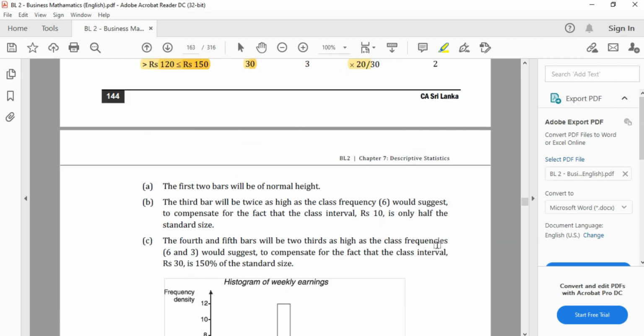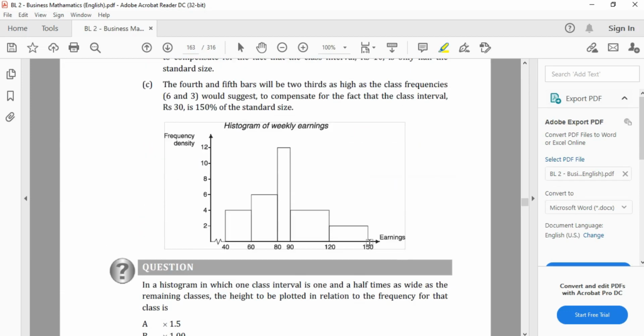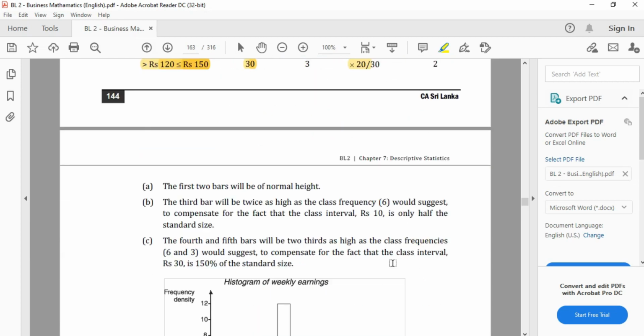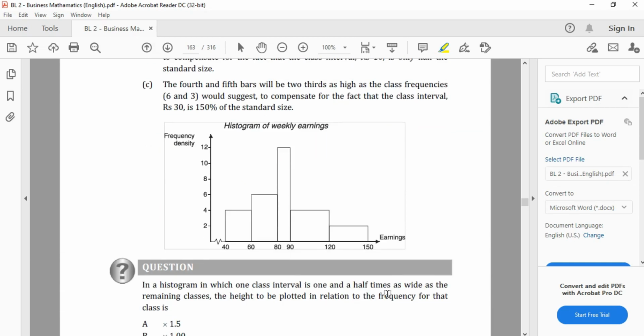Now what you do is draw the graph. So when drawing the graph, your vertical axis must be the frequency density. It is not the frequency. It is the height of the bar, the adjustment factor, which is called frequency density. And the horizontal axis can be the earnings line.